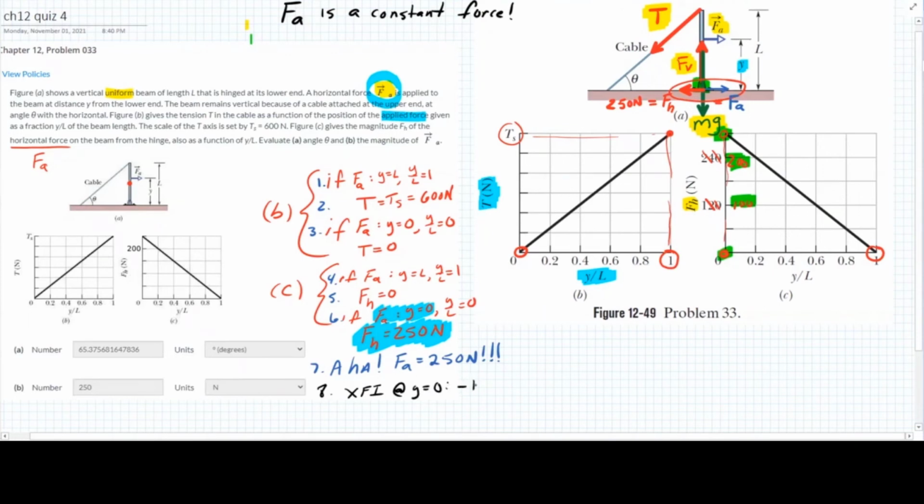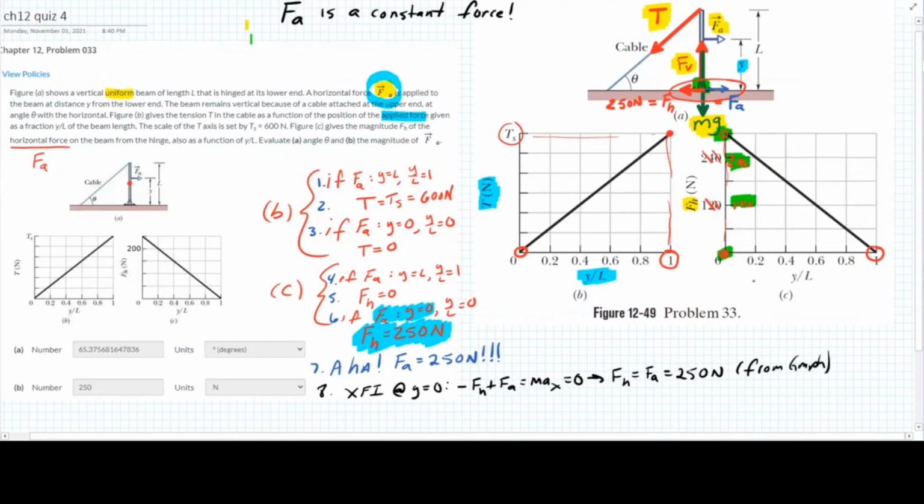I have negative F sub H plus F sub A equals m a_x equals 0 because of statics. So that's how I'm saying F sub H equals F sub A equals 250 newtons from the graph. There, that's the answer to part B.